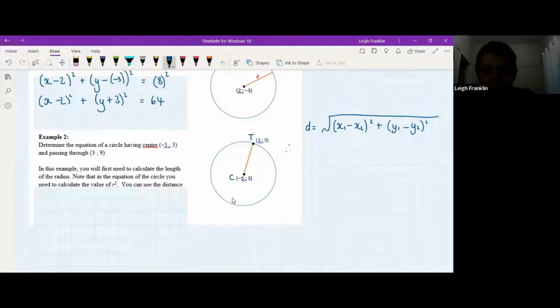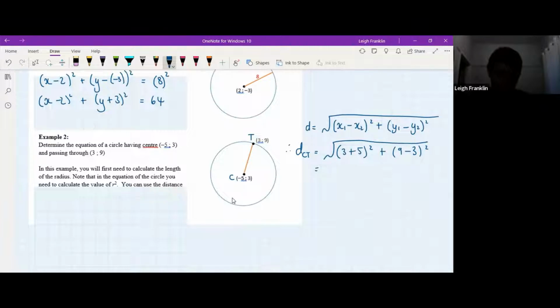So the distance from C to T is, let's sub in, 3 plus 5 squared plus 9 minus 3 squared. When you use the distance formula, you just need to show that you've subbed into it. That's very important. And then you can pick up your calculator and work out what the answer is.